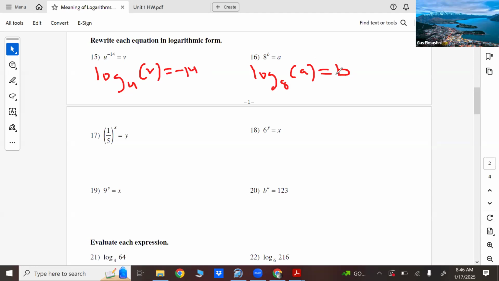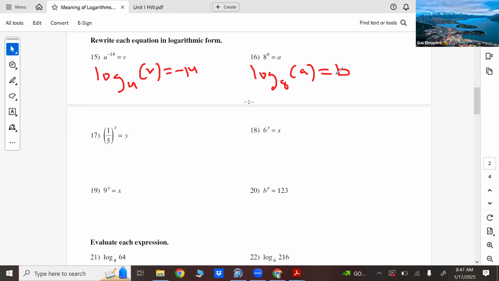That's what log ever is. Like, forget about the negative 14 for now. When you see this, if you just saw log base U of B in parentheses, you just ask yourself, what would I raise U to get to B? Oh, I raise U to negative 14 to get to B. Okay, fine. But here, what would I raise 8 to get to A? Oh, I raise it to the B power. 8 to the B power equals A.